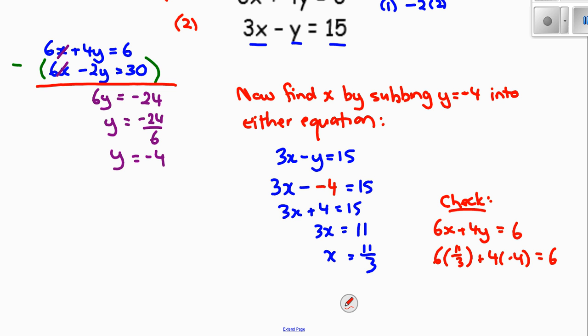Okay, so 6 times 11 over 3 is 66 over 3, and 4 times negative 4 is minus 16. Now let's think, 66 divided by 3, you actually get a nice whole number. 66 divided by 3 is 22. So 22 minus 16, does it equal 6? And yay, yes it does.